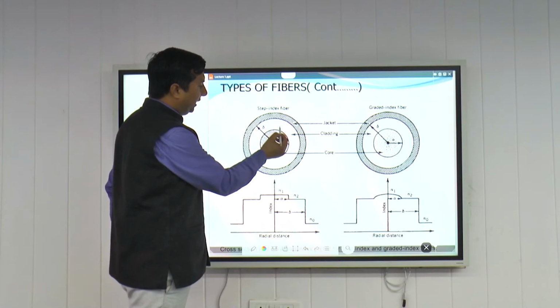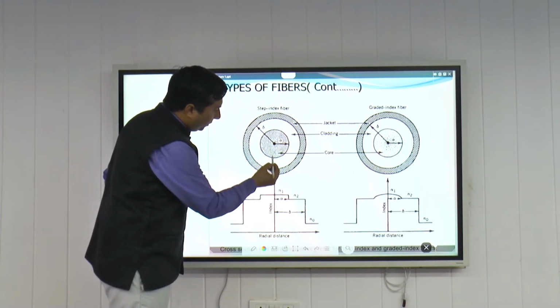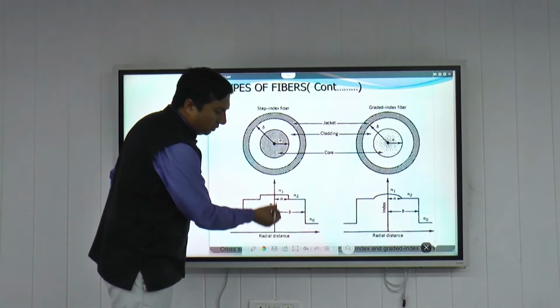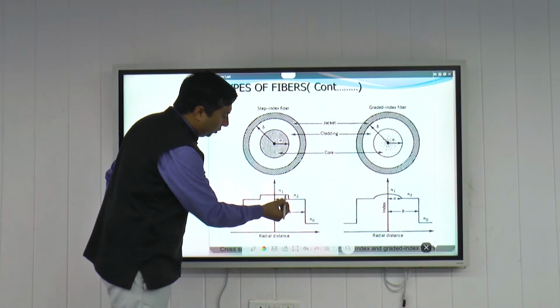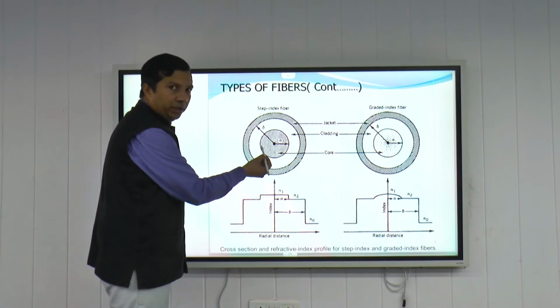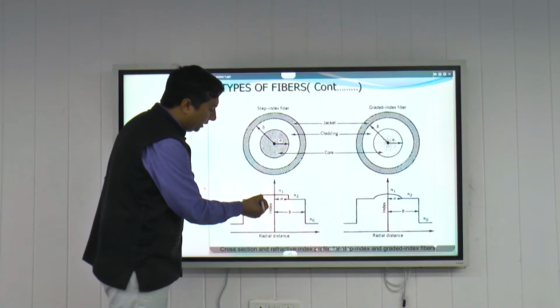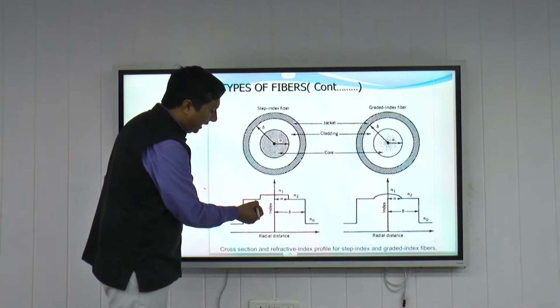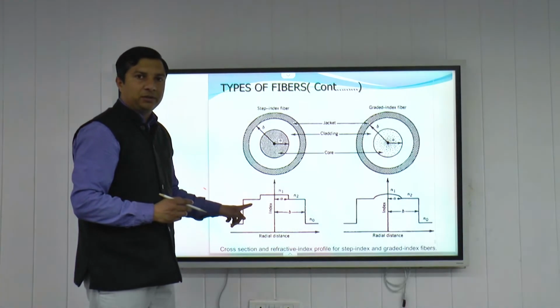The refractive index of cladding is less than the core. From the center of the core, the refractive index is uniform, and when it comes to the core-cladding boundary, there is a sharp step change between the refractive index of core and cladding. That is called step index fiber.